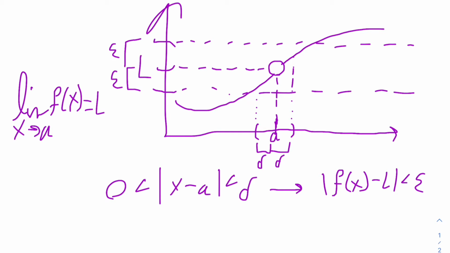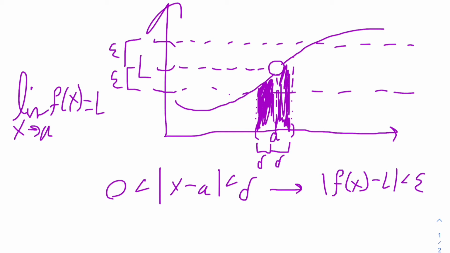So one interesting thing we note is that whatever x values we choose within this delta window over here, we always get corresponding f of x values within the epsilon window.